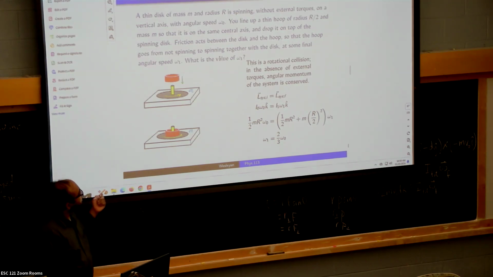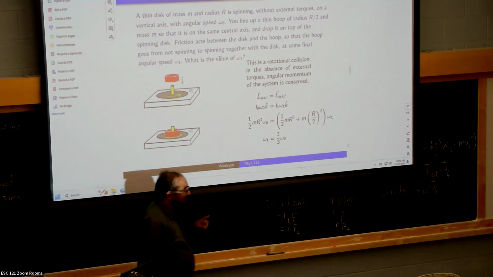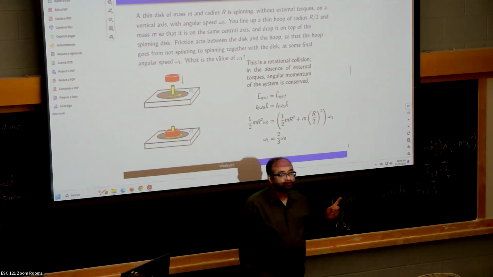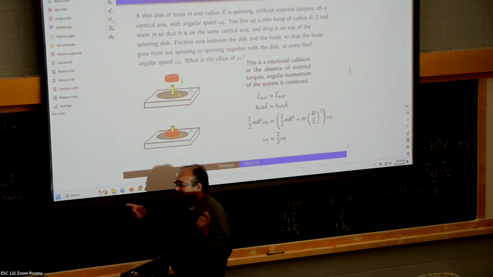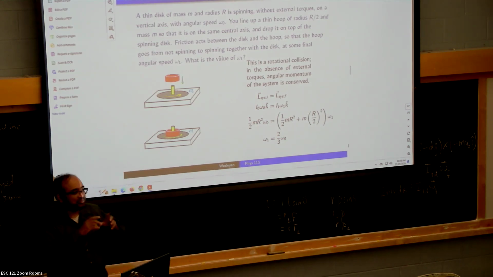So yes, talking about collisions. Just a quick note about one of the problems on the last midterm, where the last problem was the space probe that exploded, right? Some of you got it, some of you didn't.